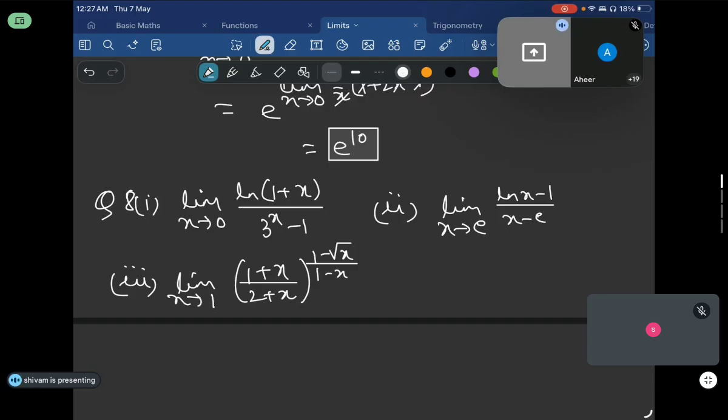Okay, Soham, check your answer again. Ahir, part 1 is correct. Rishabh, part 1 is correct. Adija, part 1 is correct.